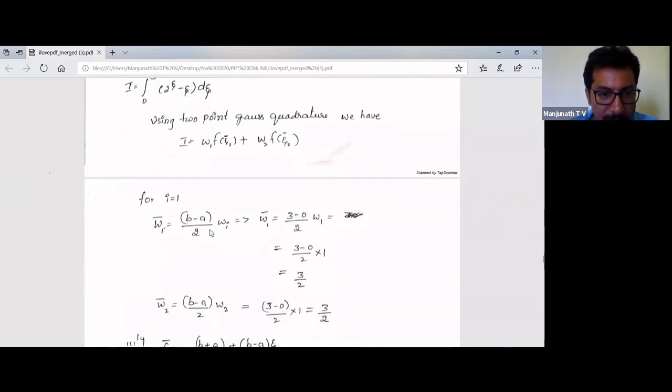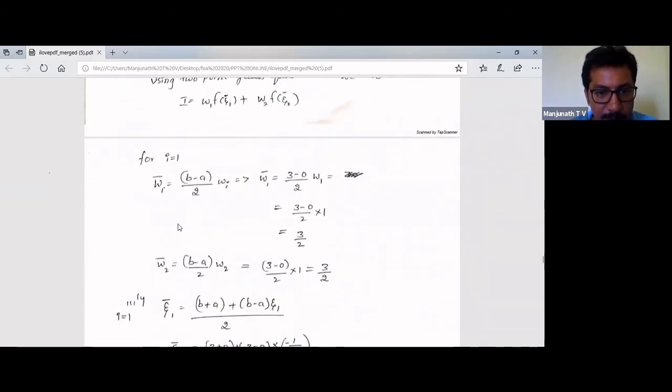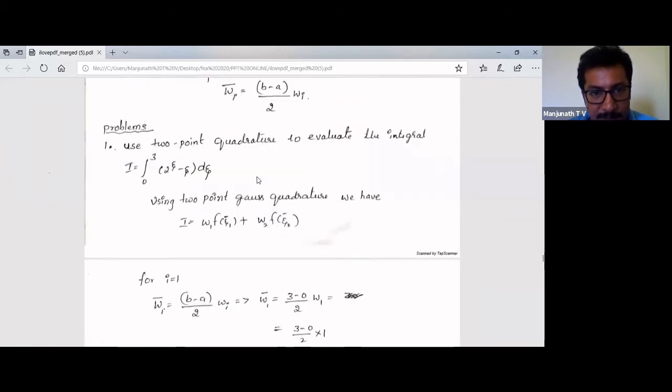Okay, then just consider for I which is equal to 1. We are going to calculate first W1 and W2. So this equation we are going to use to calculate Wi. So I which is equal to 1 here, so that W1 dash which is equal to (B minus A) divided by 2. For this particular equation, B is 3, A is 0, so it is varying from A to B, that is from 0 to 3.